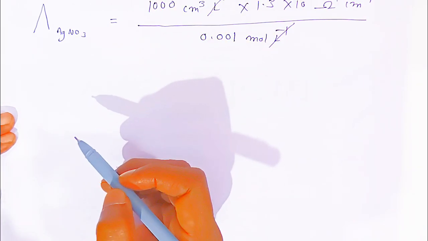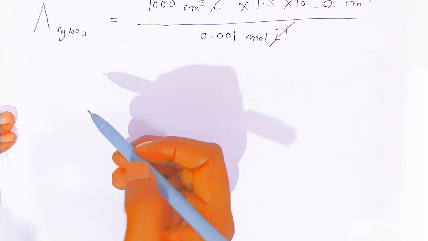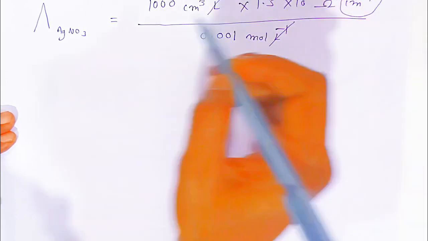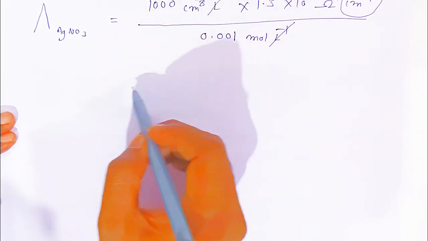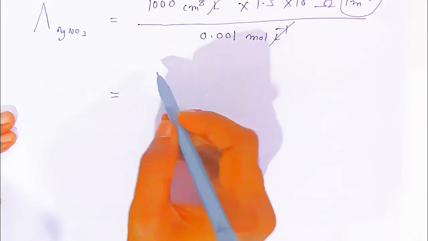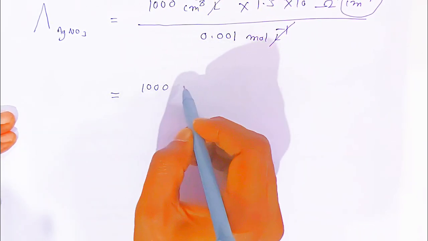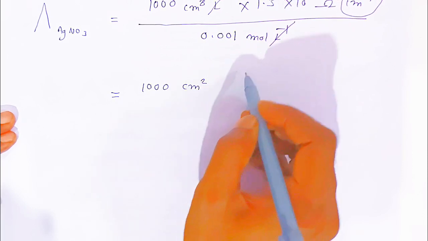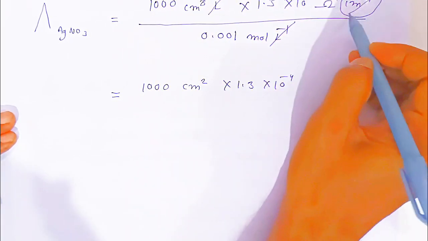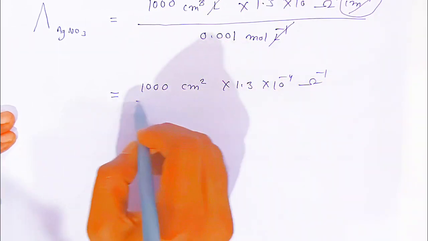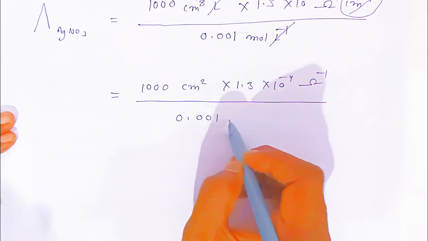This is centimeter inverse and here this is centimeter cube, so it will cancel. Here you will get only centimeter square, so your unit will be centimeter square into 1.3 into 10 raised to minus 4, only ohm inverse. Here you are getting 0.001 mole.